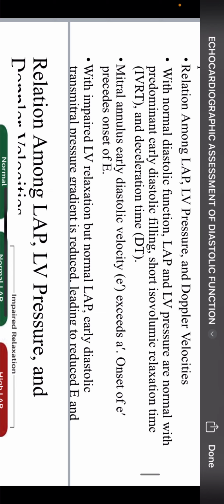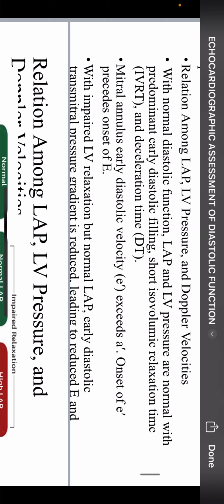So from 100 to 150, and the LV pressure at the end of isobaric relaxation has not changed. It is still 70. So we get 150 minus 70, 80 millimeters of mercury. Pressure gradient is generated almost towards the normal, which was 100.